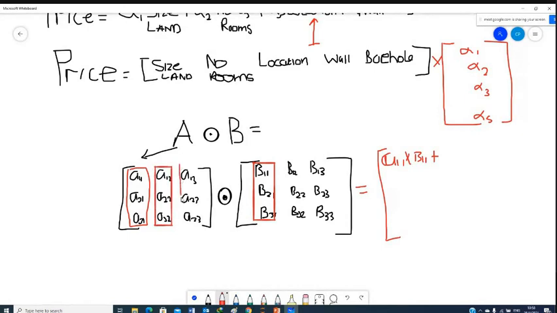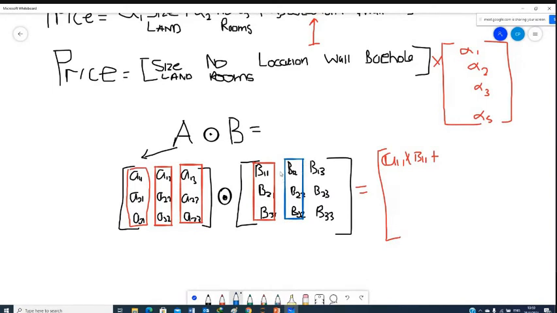Then you move on to the next one. After I do that, I take the second column and multiply it with the first column to get the second element, the second row of the element within the matrix.